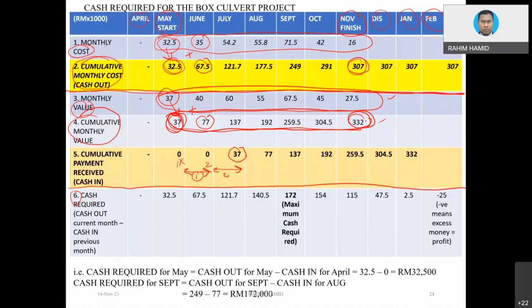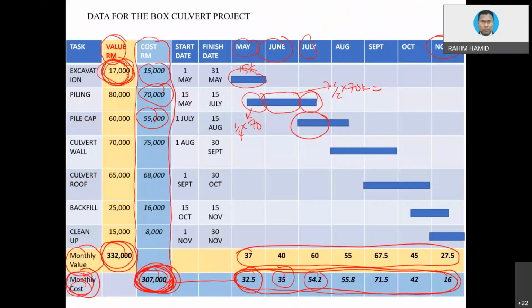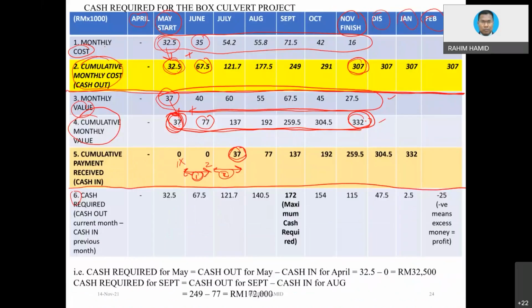Okay, because in the first month you just complete the work, but then you need to submit the claim first. So the claim will be processed in 1 and then 2 months, as this statement basically reflects 2 months. Then that's why you are going to get the first payment. So the first payment is basically equivalent to this amount. You see, 37, where does 37 come from? It is from this amount. Actually, when you already have this amount, what you need to do is just simply copy and paste.